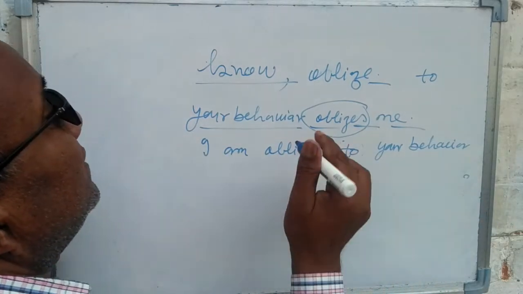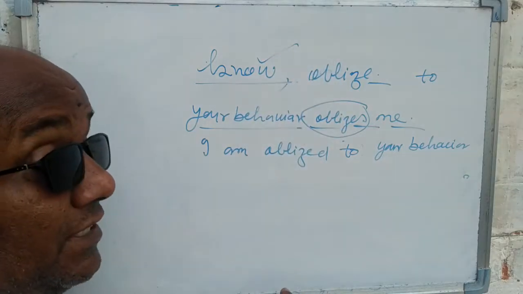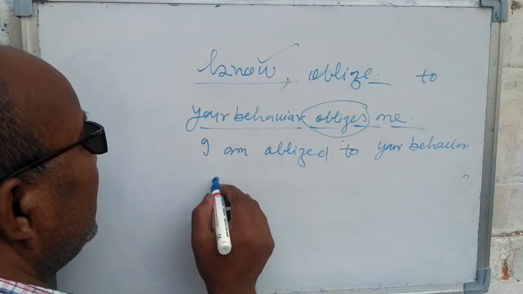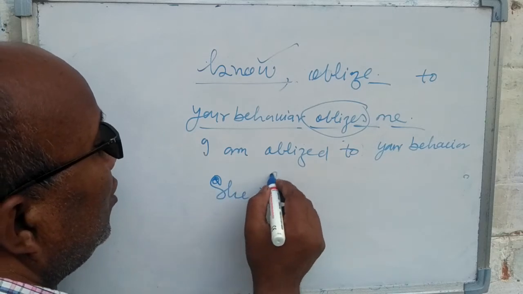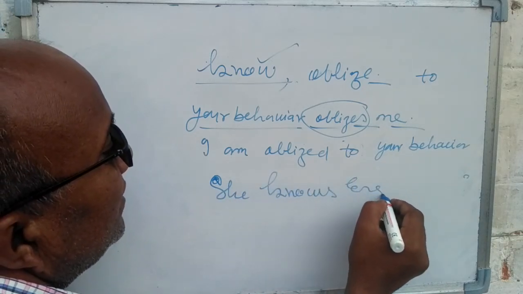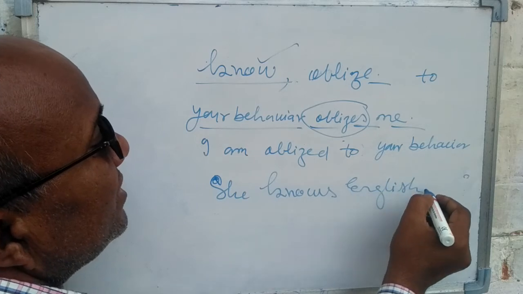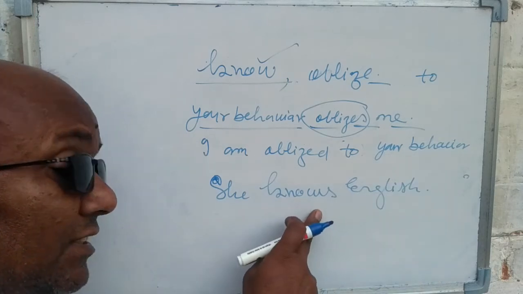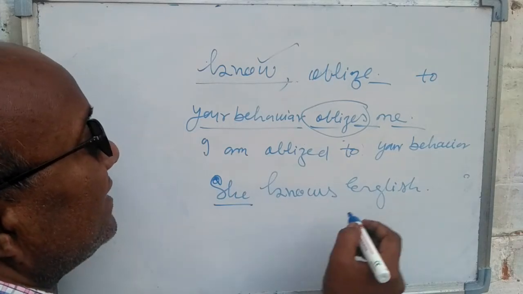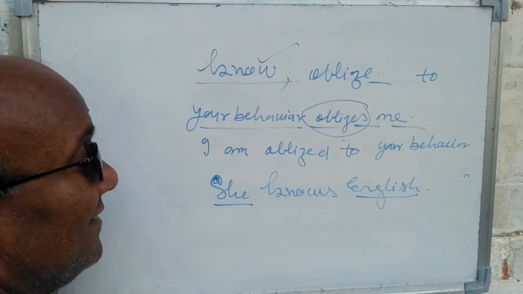And in the same way, if the verb is know, you say, she knows English. This sentence is based on present indefinite tense. This is the subject and this is the object.